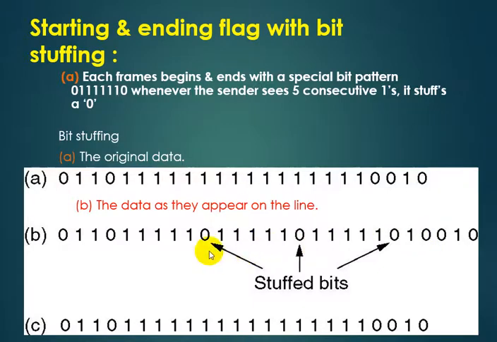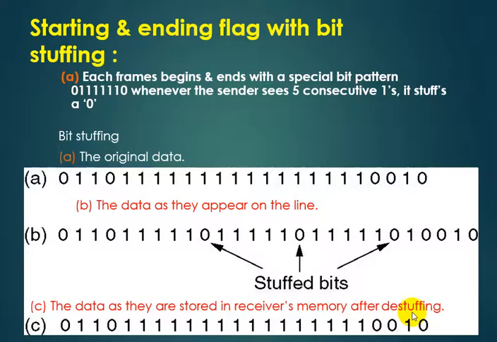So these are the stuffed bits. The data is stored in the receiving memory after destuffing, and the receiving side receives the original data again. So this is how the starting and ending flag with bit stuffing works.